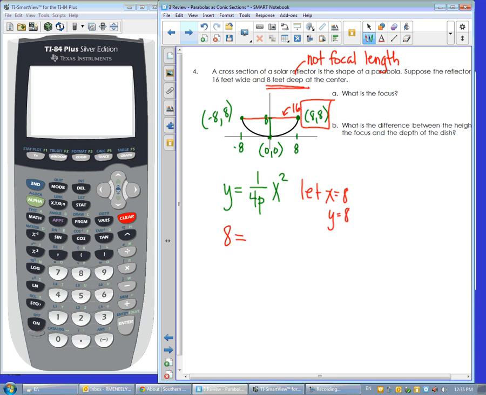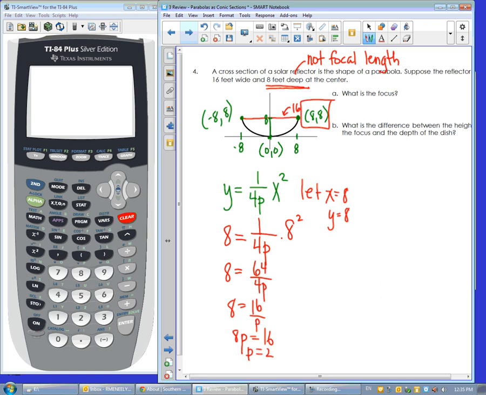That means that 8 is equal to 1 over 4p times 8 squared. If I simplify it, I get that 8 is equal to 64 over 4p. And 64 divided by 4 is 16, so 8 is equal to 16 over p. If I cross multiply, I get 8p is equal to 16, so p is equal to 2.